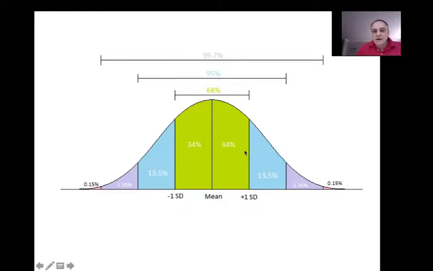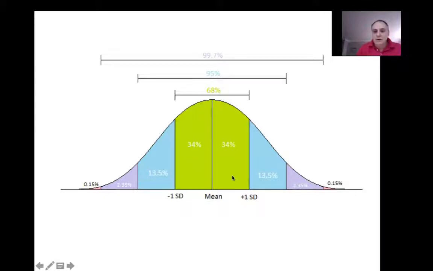If you take one standard deviation above the mean and one below the mean, you are encompassing in this group 68% of all the data points. If you add another standard deviation and subtract another one, so two standard deviations, within this area is 95% of all the data points. That's an important thing to understand.